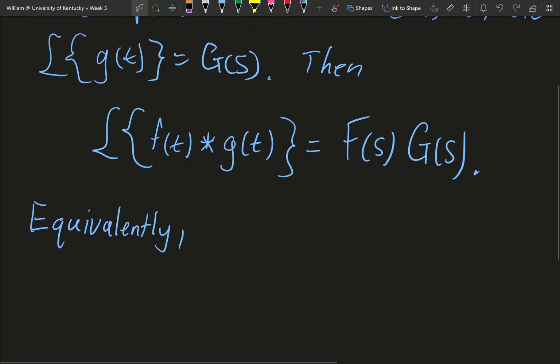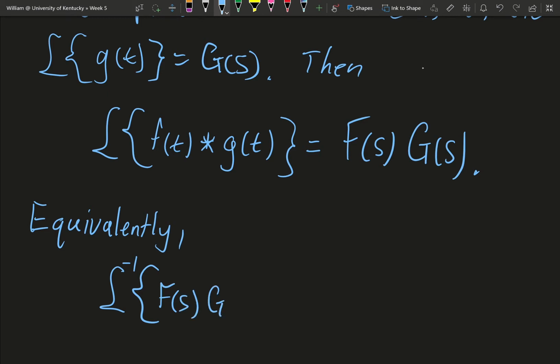Another way of stating this is that the inverse Laplace transform of a product is equal to the convolution of the original functions.